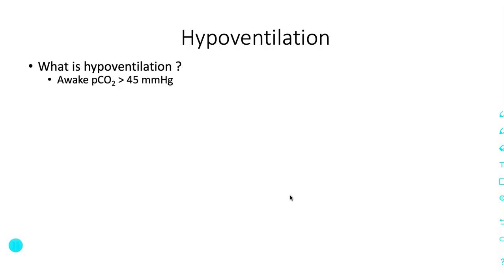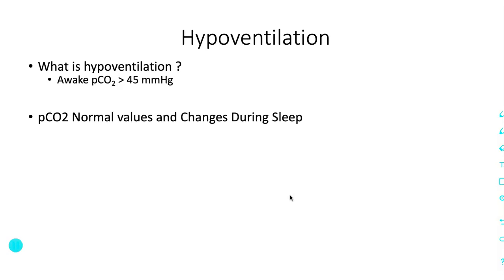with an ABG. To understand the sleep-related hypoventilation properly, we need to consider what happens to the PCO2 during different stages of sleep. So what do you think happens to the CO2 while sleeping? During wake, its value is something between 35 to 45 with a mean of 40 mm of Hg.